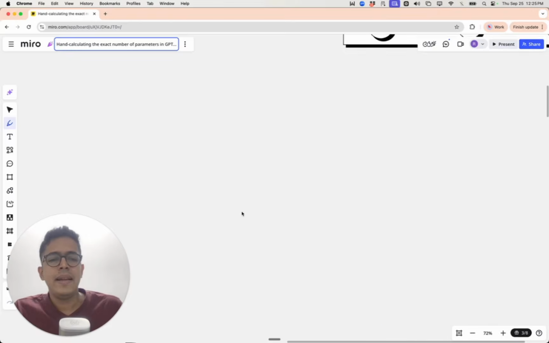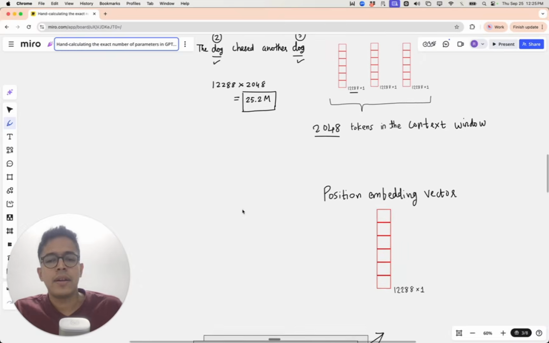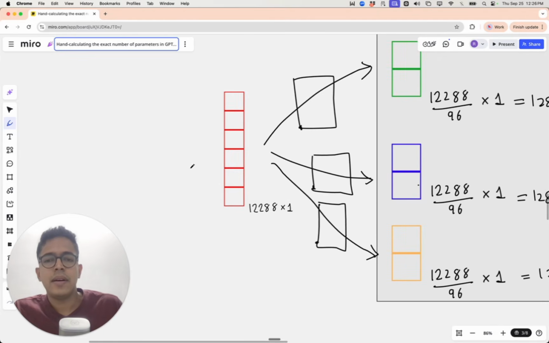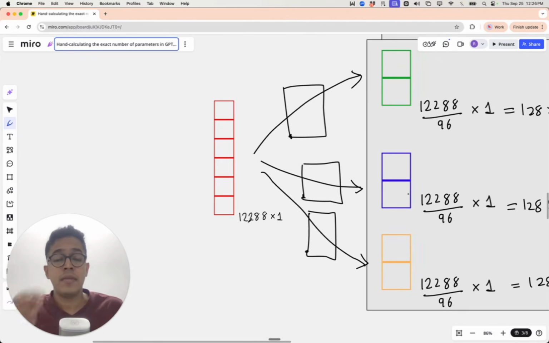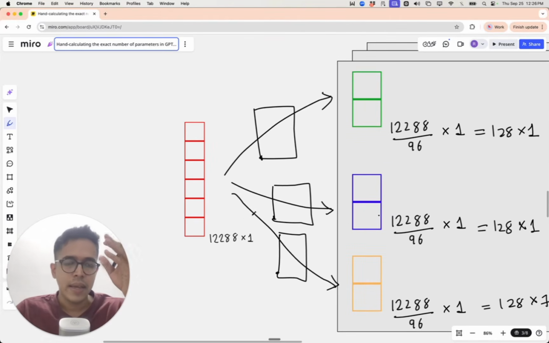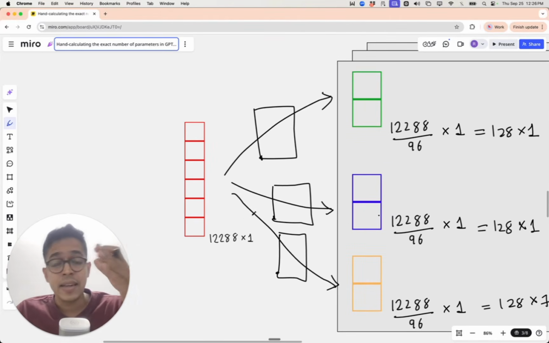In multi-head attention, what's happening is the following. We have the embedding, the vector in which position embedding is added. So the dimension is still 12288. We pass this to each of the 96 attention heads in the multi-head attention. This 96 is different, right?